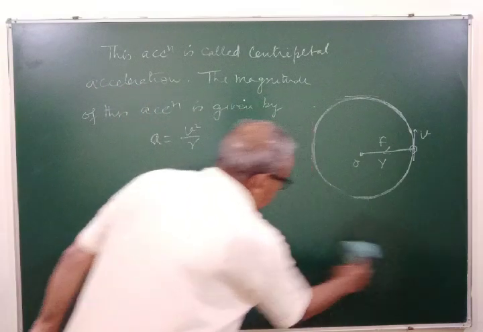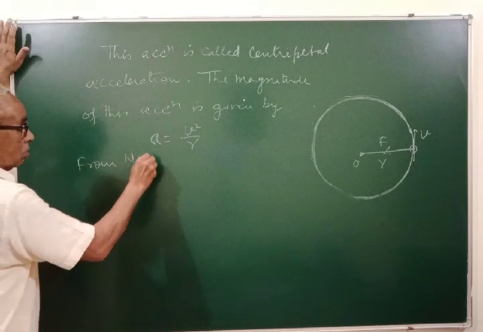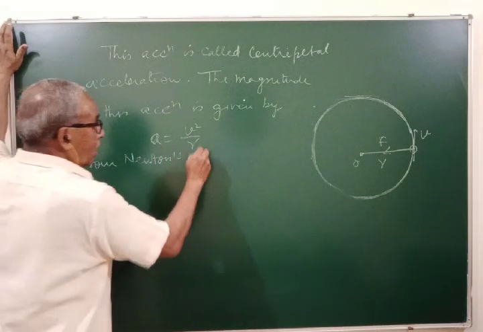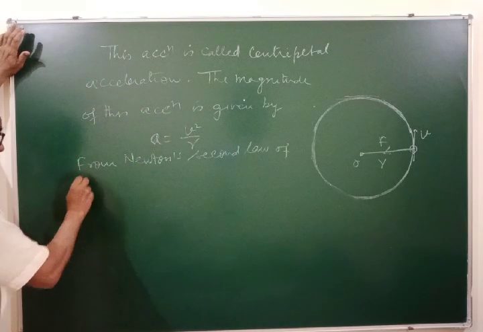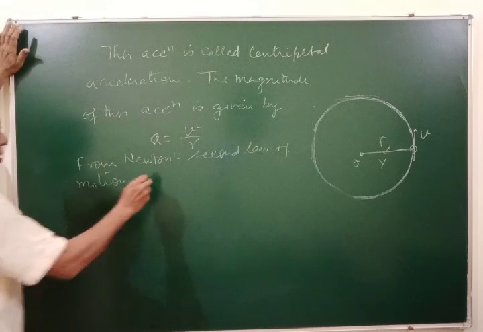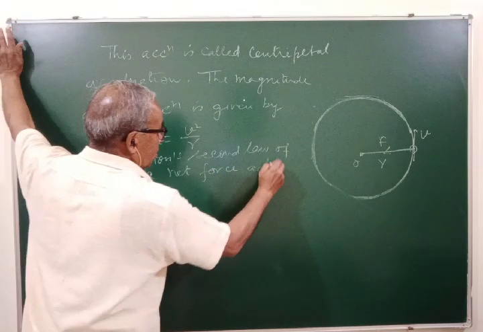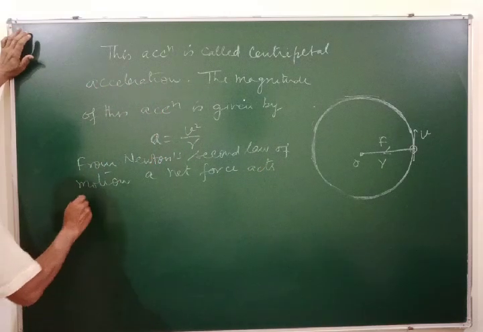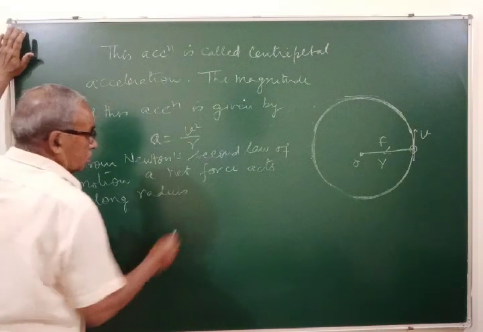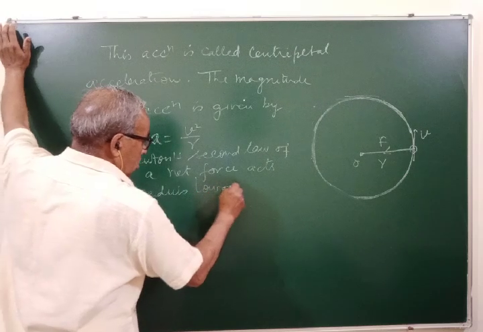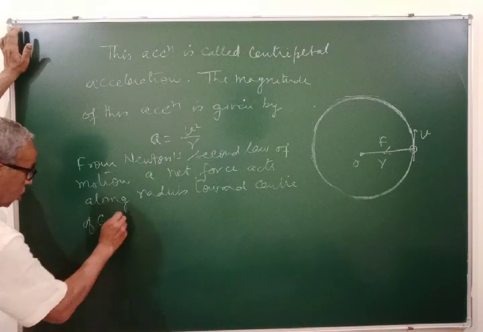So from Newton's second law of motion, a net force acts along the radius towards the center of the circular path.